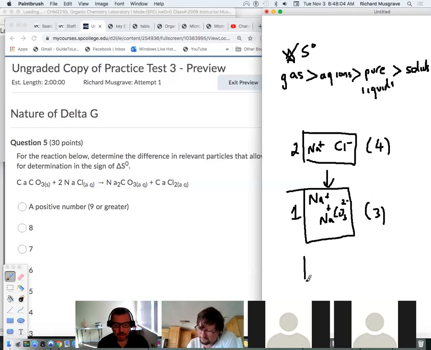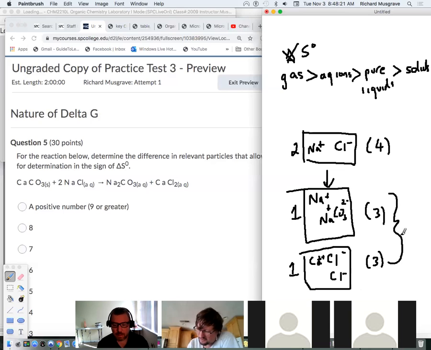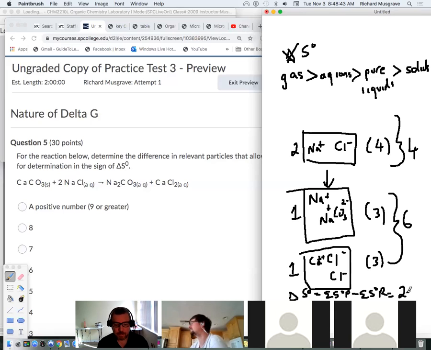And CaCl2, again, it's just one box, sorry. CaCl2, that's 3. So the difference there is we have a total of 6 aqueous particles here and a total of 4 particles here. So delta S is always products minus reactants. So it's going to be 2. 6 minus 4 is 2.